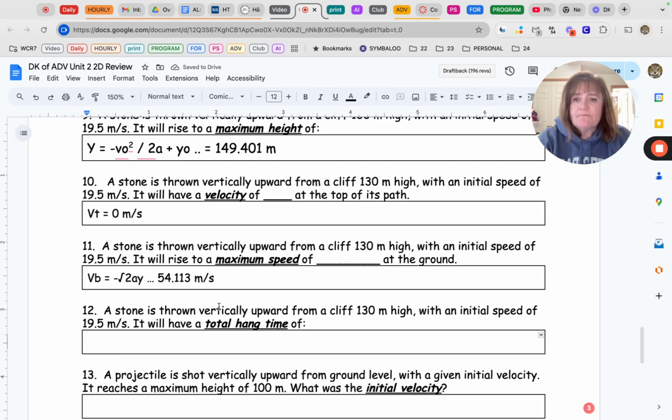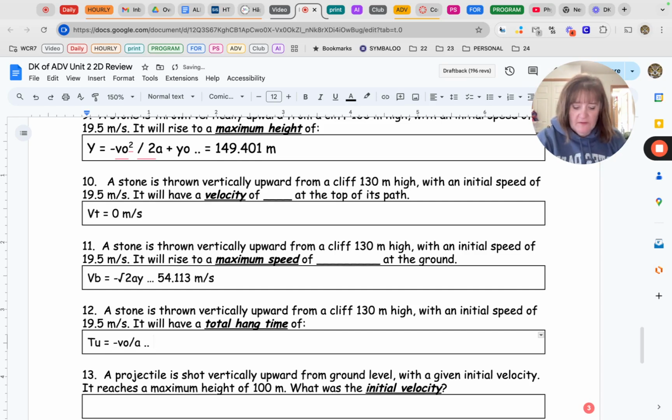Okay. Number 12 says, a stone is thrown vertically from the height. What is its total hang time? Well, you were never asked to find the time up, so the first thing we're going to do is find the time up. Time up was negative V naught divided by a.